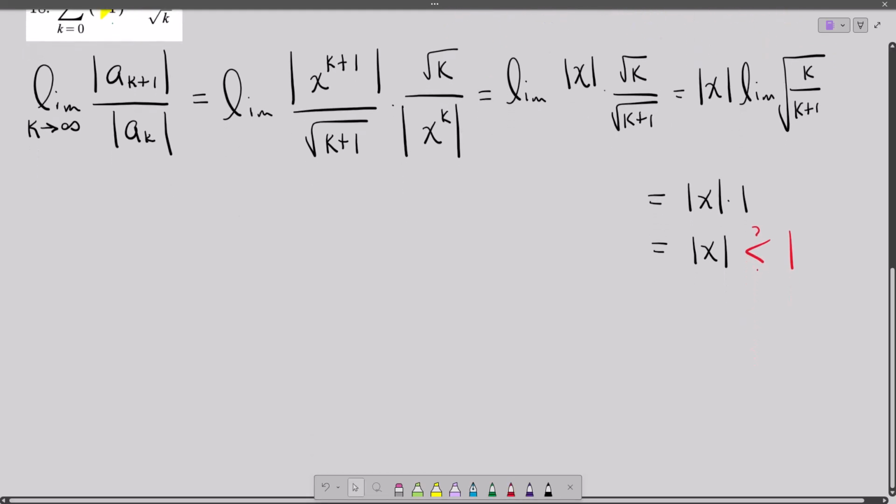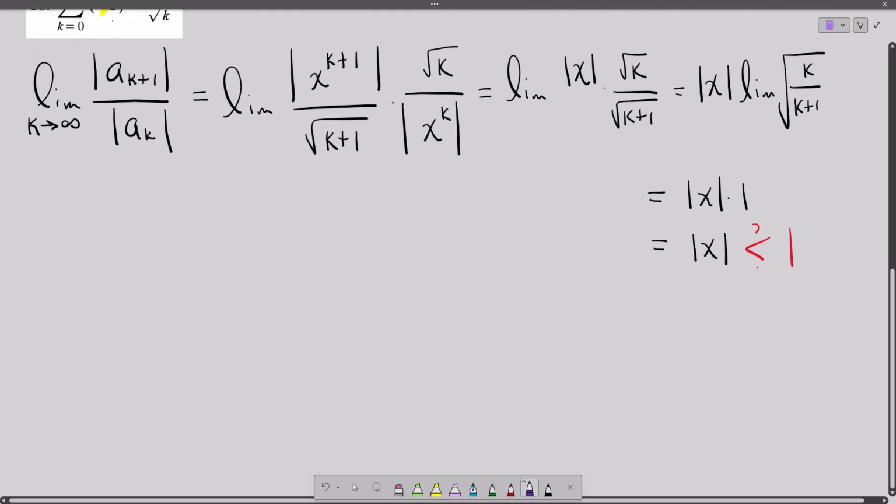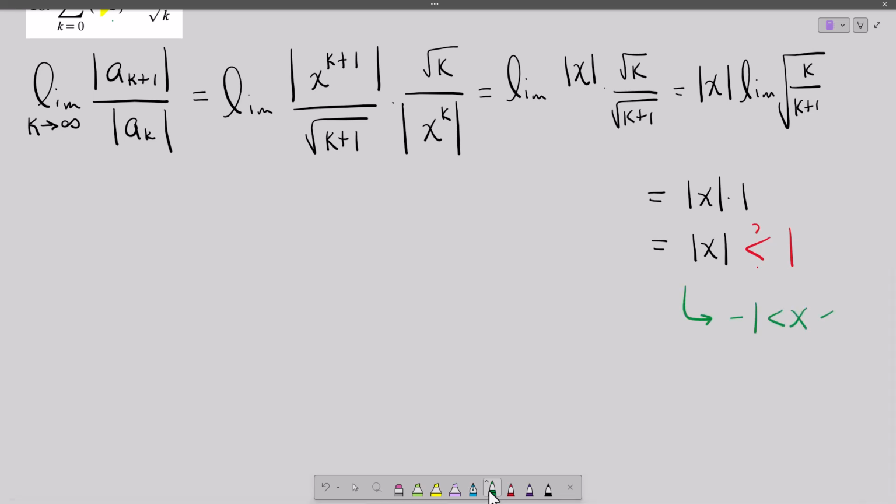So from here, this is going to tell us that x is between -1 and 1. That's going to generate our radius of convergence. We can see the radius of convergence is 1. It's half the interval length, which is 2. So the radius of convergence is 1.